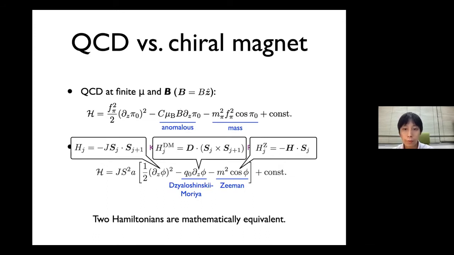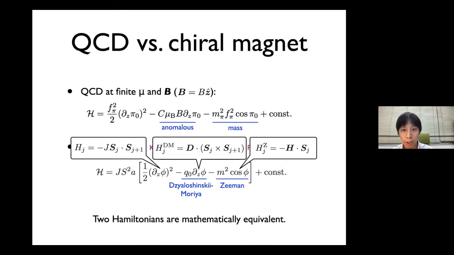And the second term is called the Dzyaloshinskii-Moriya interaction. So this is a lattice version of the Dzyaloshinskii-Moriya interaction, which is anti-symmetric with respect to the exchange of spin. Here, D is some vector which depends on the details of the materials.